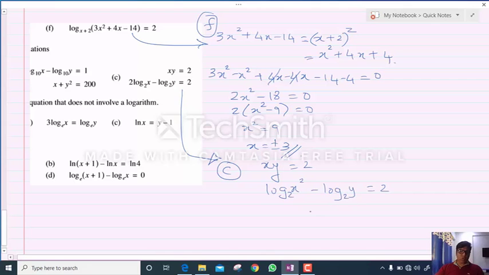So this can be further written as log of x square upon y to the base 2 is equal to 2. Simplified, I can write this as x square upon y is equal to 2 square. So that's 4.